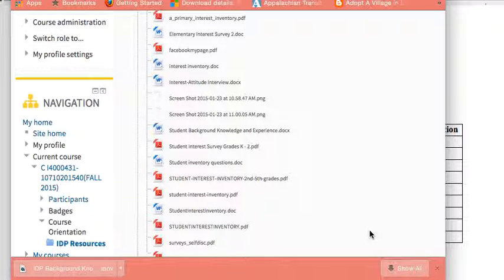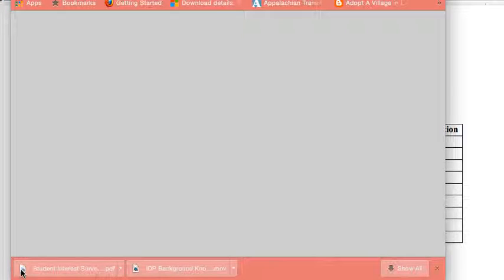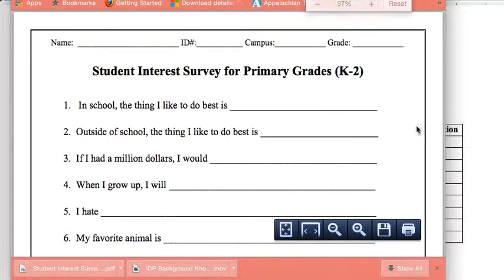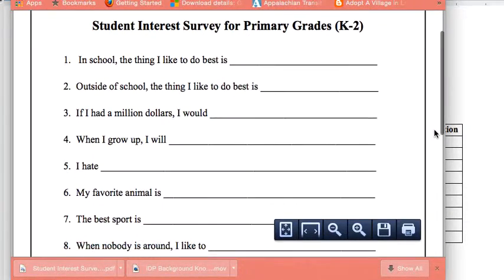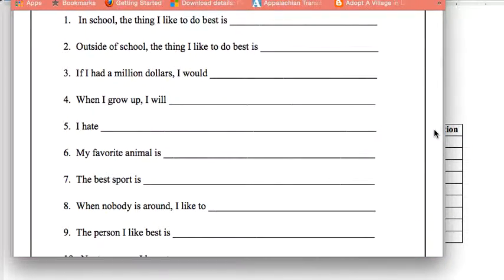So this is the part where you're going to need to do your own homework and really look through these. Again, some of these are really, really long, and here's one that's for K2, and you don't need to ask all of these questions. That's why you're going to go through this and pull the things out that you think are important, that you want to know. What do they like to do in school? What's their favorite sport?